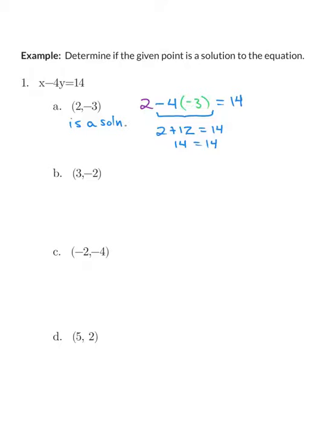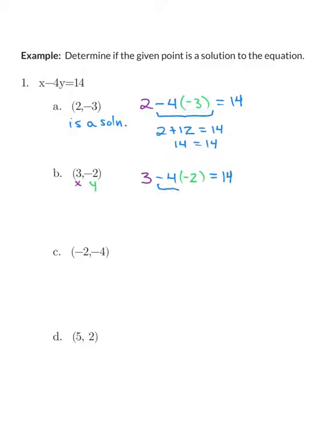So let's go on to the next one and see if (3, -2) is a solution. I'm going to do the same thing again. I'm going to replace x with 3 and y with -2. So if we plug these in, we get 3 minus 4 times -2, and I want to know, is this equal to 14?